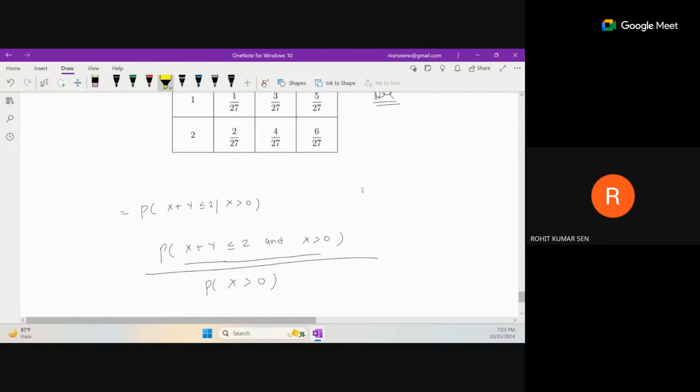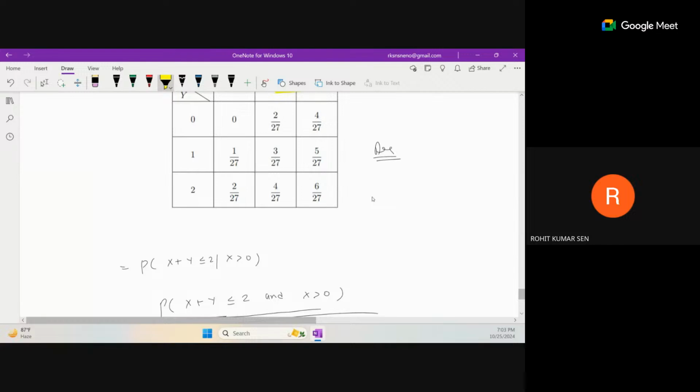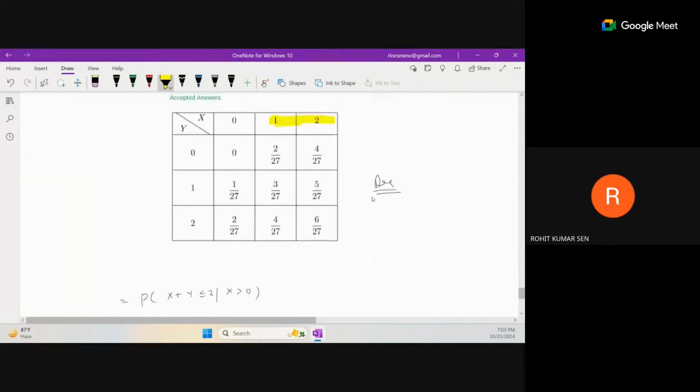The first condition is that x should be greater than 0. And my addition should be lesser than or equal to 2. So my search space is only here.